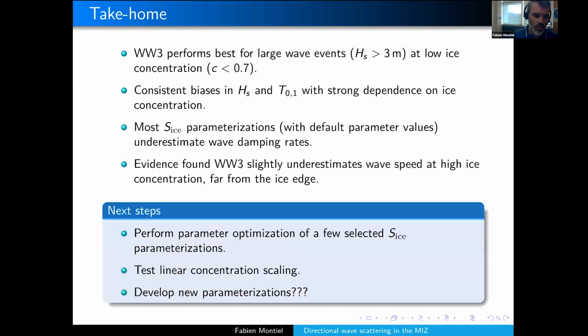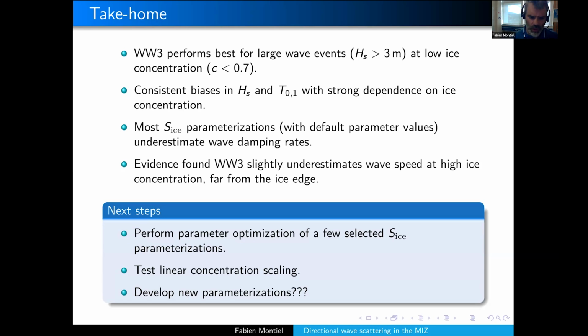And so the next step would be to look at whether we can improve these model fits by optimizing the parameters of these different parameterizations. One more thing that we haven't tested, but would be nice to look at, is whether scaling this ice damping curve in WAVEWATCH linearly with ice concentration is appropriate.